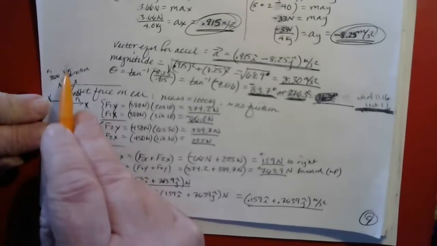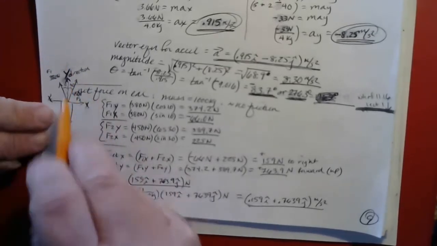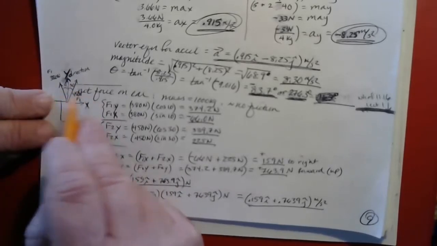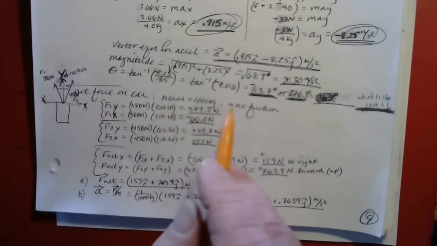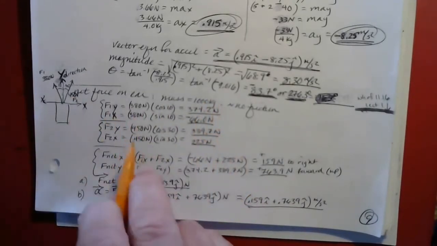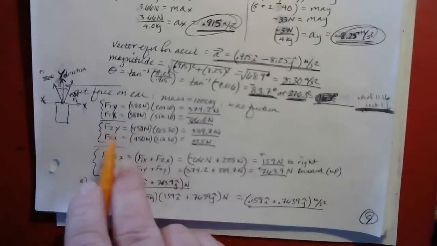And so in the Y direction, the forces are going to sort of team up and pull the car forward. But in the X direction, they're actually going to detract from one another. So we have to find out what the net force is. And for that, we need the X and Y components of each of the forces.